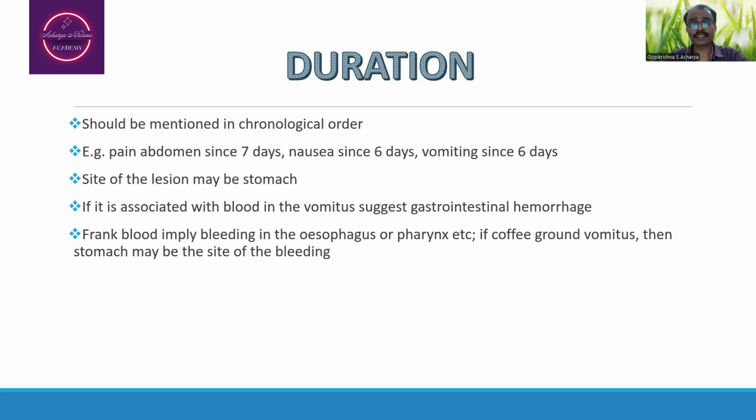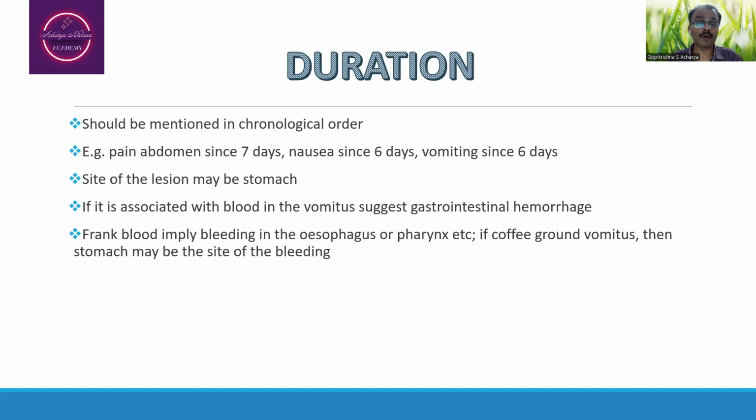As far as duration is concerned, that has to be mentioned in chronological order. Chronological order in the sense you need to identify which symptom has occurred first, which symptom has occurred next, and which symptom has occurred even further. So here is one example.